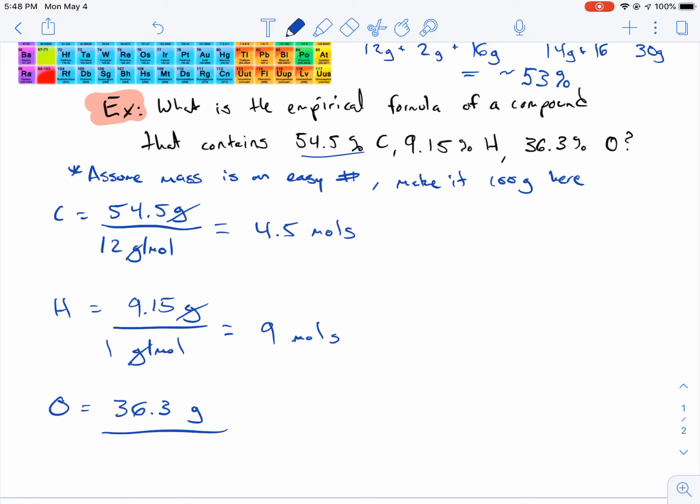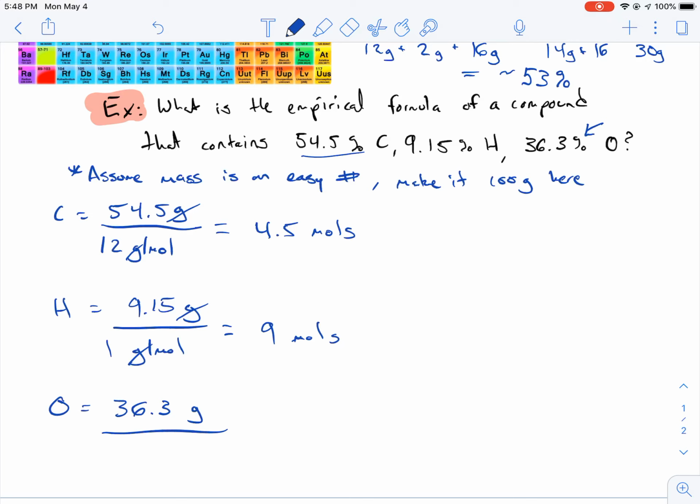Once again, I just want to reiterate that yes, that's the percentage in the question, but for the sake of what we're doing here, we can just convert them. We don't need to have the actual number of grams that we're using. We just need to make it easy and keep our ratios the same. That is the important thing, keeping the percentages the same, because that's what we're trying to find.